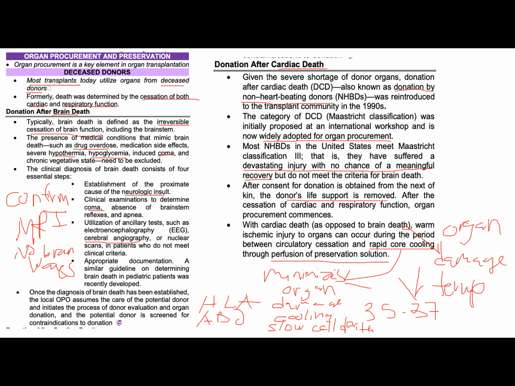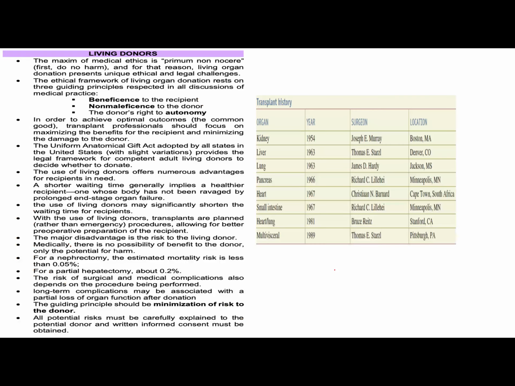The first type of organ procurement: deceased donors, either via brain death or cardiac death. Now another type of donation. This is rarely done nowadays, and it's usually done among relatives or family members, class. Is the so-called living donors. Now, the thing you need to remember about living donors is that there is an ethical code here.